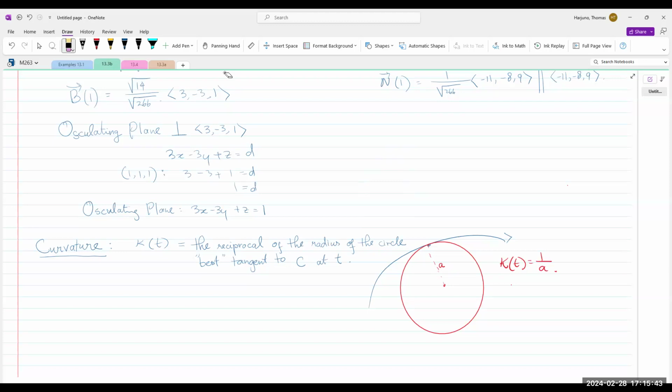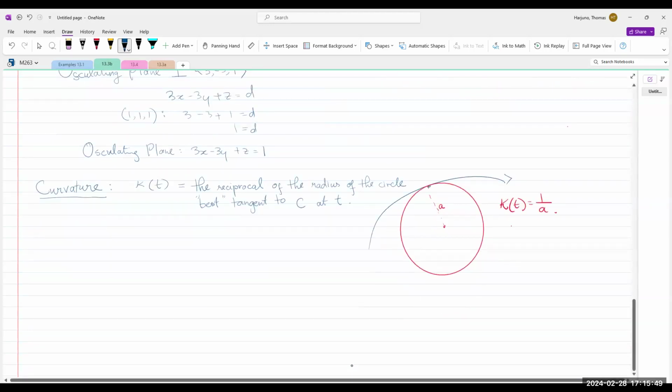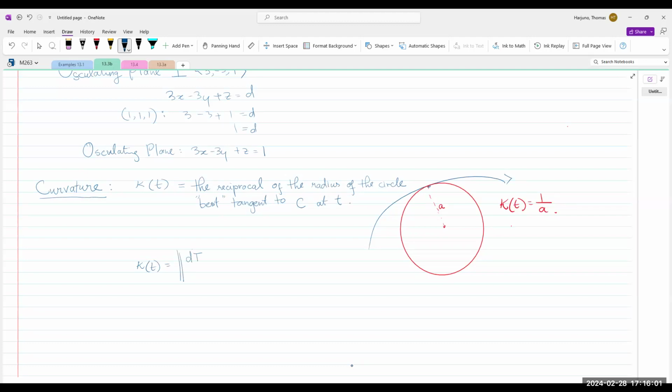But how do we compute that? Then we come up with a definition. The curvature at time t is defined to be the magnitude of dT with respect to ds.